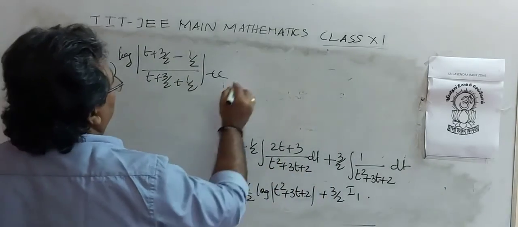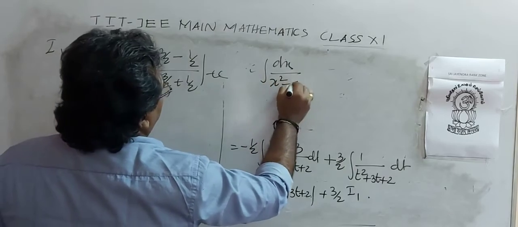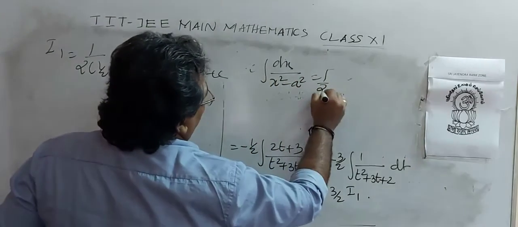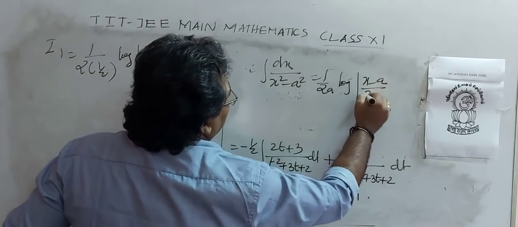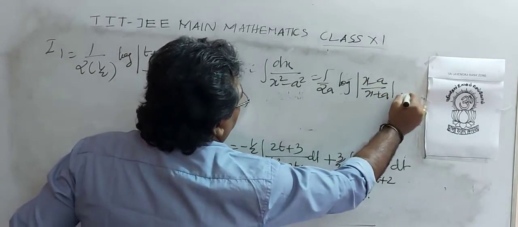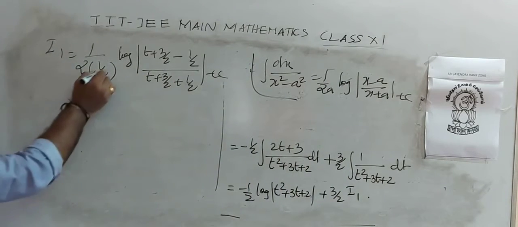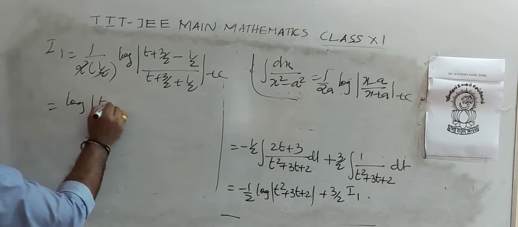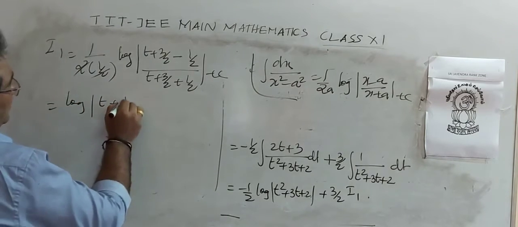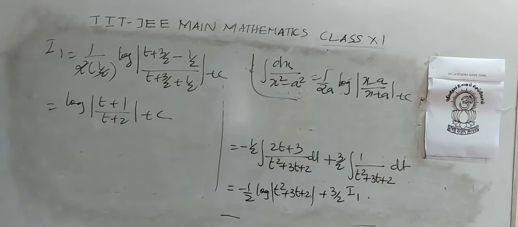Since dx by x square minus a square is 1 by 2a log modulus of x minus a by x plus a plus c, this will be cancelled, log t plus 1 by t plus 2 plus c.